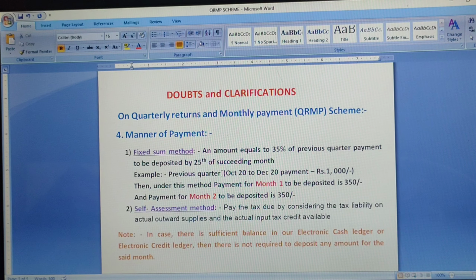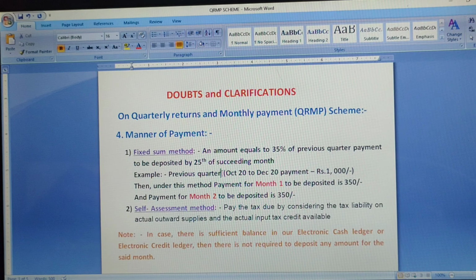That means you have to deposit 350 rupees for the month of January by 25th of February, and again for the month of February, that is month 2, you have to deposit 350 rupees by 25th of March. So for the month of March you can file the 3B by using this payment.